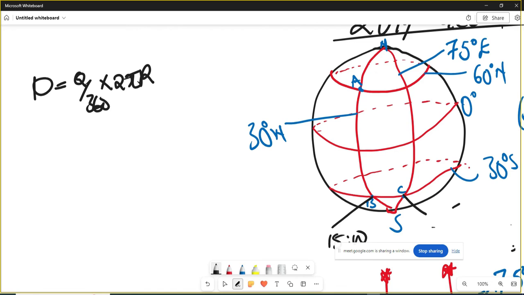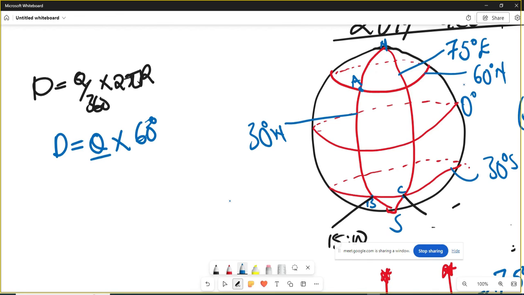As a result, we came up with the formula for distance along longitude if you are dealing with nautical miles, where distance is equal to theta times 60 degrees. This theta is a difference in latitude.